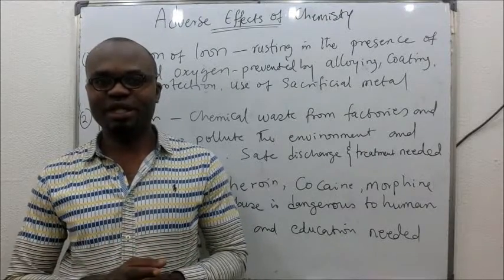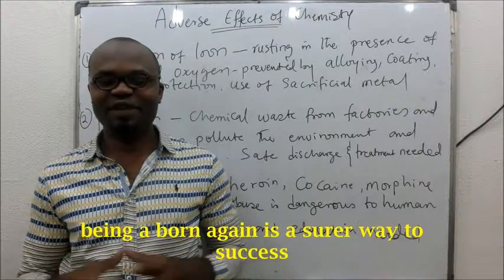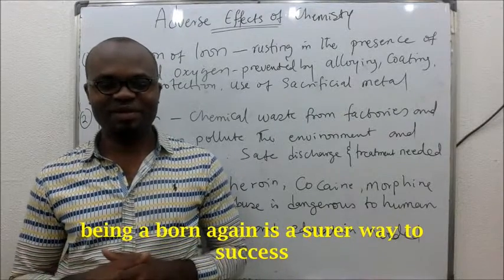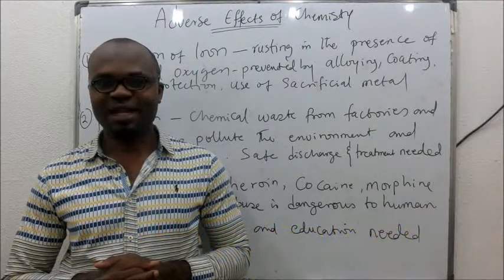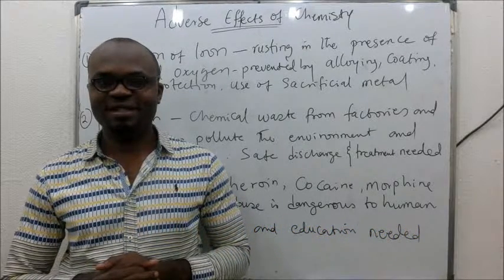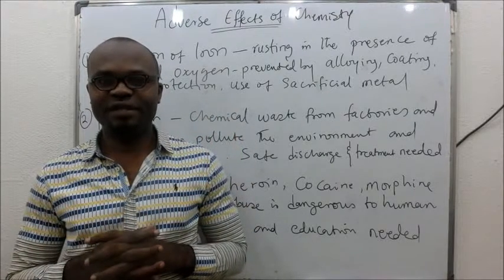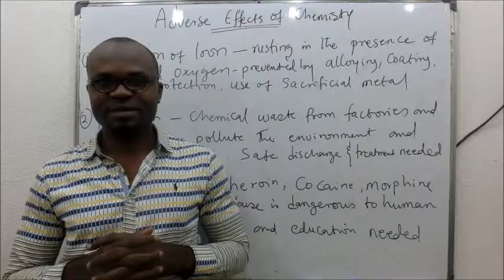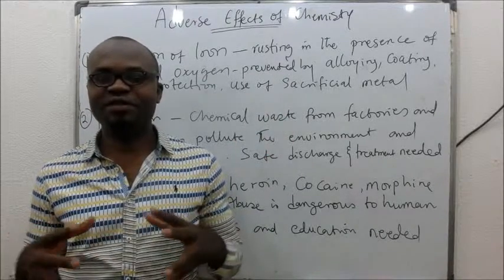When there is oil spillage, the chemicals in the oil are not very friendly to the animals that are in the water. The aquatic life is adversely affected. Also, when you do oil flaring or gas flaring, the gases that are discharged into the atmosphere are not very good for the environment.